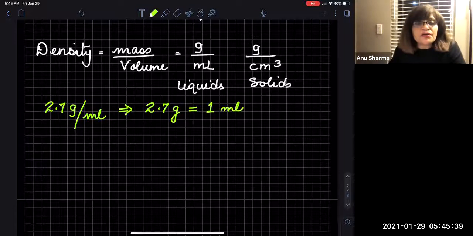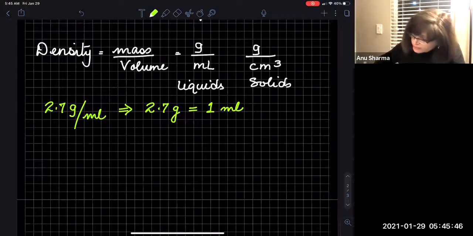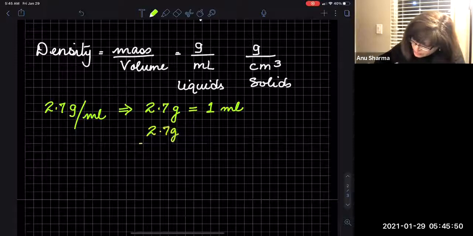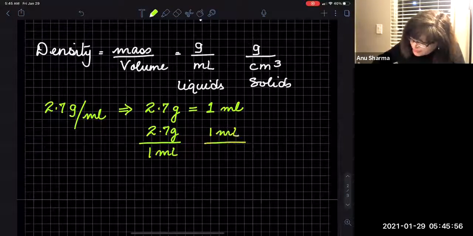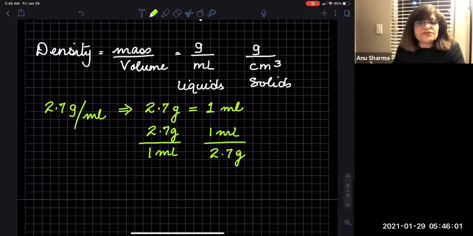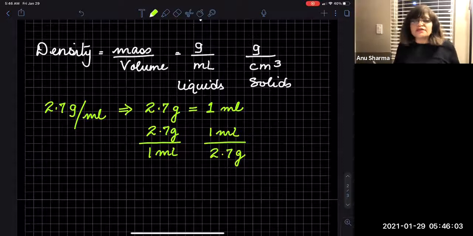This is how the density formula is arranged into the equality. This also means 2.7 grams over 1 milliliter, or 1 milliliter over 2.7 grams. So these are the two conversion factors from the density.